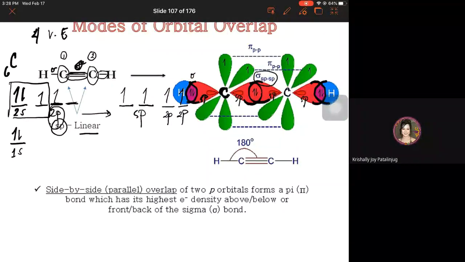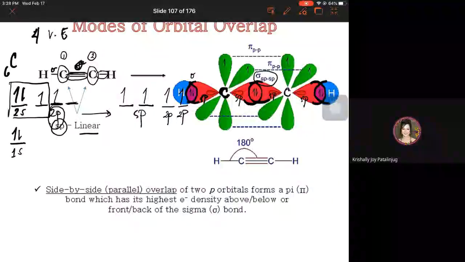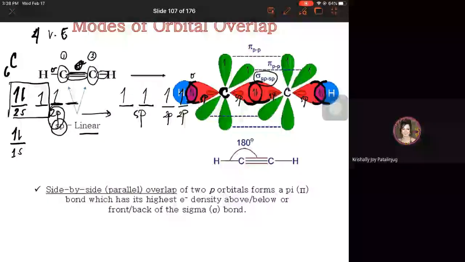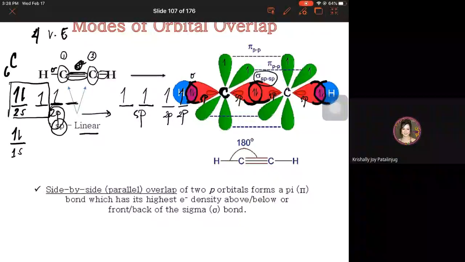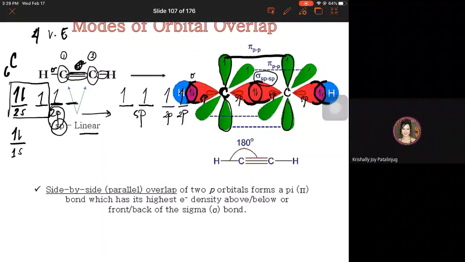That gives a pair of pi bonds. Alright? So, nagkakaroon din ng side to side. Ito yung first half-filled 2p orbital ng carbon on the left side. Ito naman yung ka-overlap niya na 2p, half-filled. So, ito yung unang pi bond. Okay? Side to side overlap.